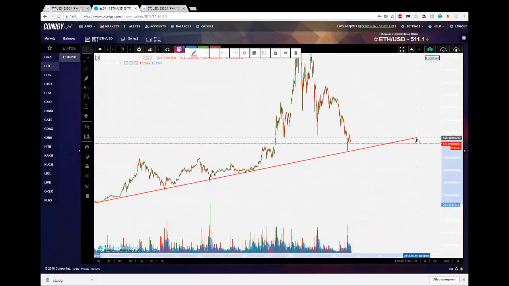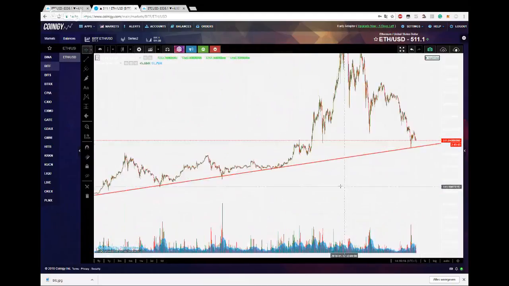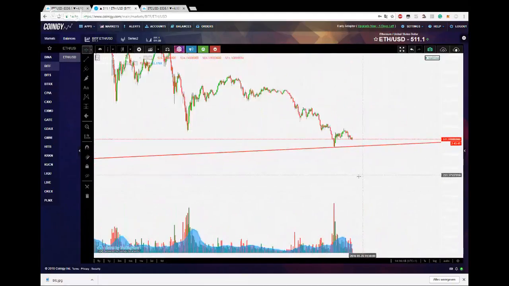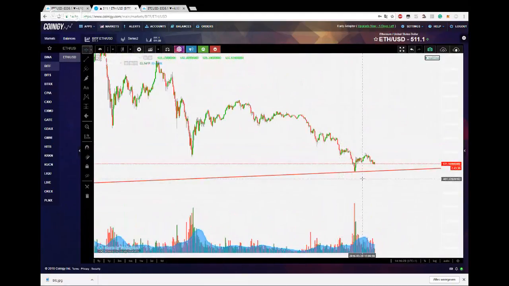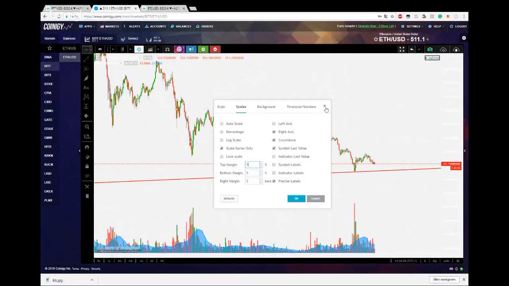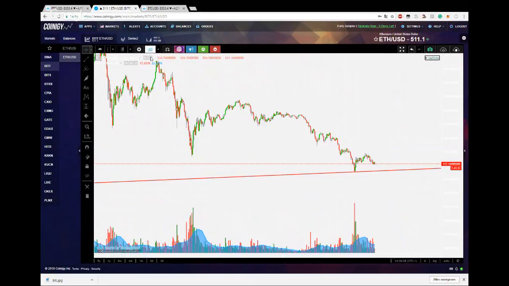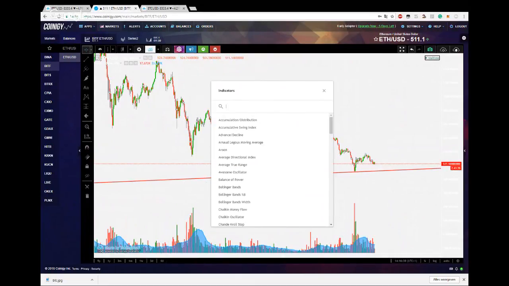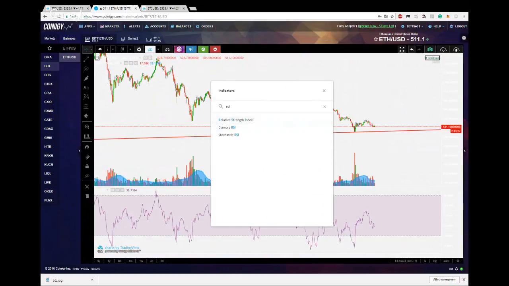And I think that basically Ethereum is going to follow the Bitcoin chart. So either we make a higher low here and continue up, or we are going to crash through support and get wrecked.